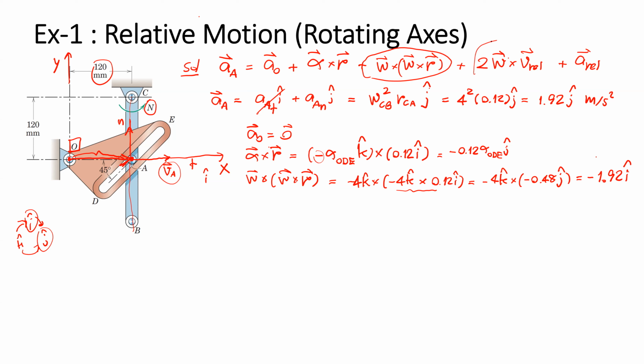The next term is the Coriolis term, the Coriolis 2 omega cross v relative.